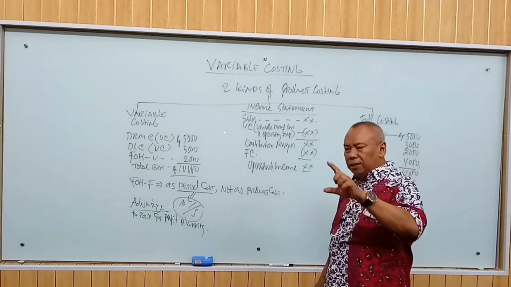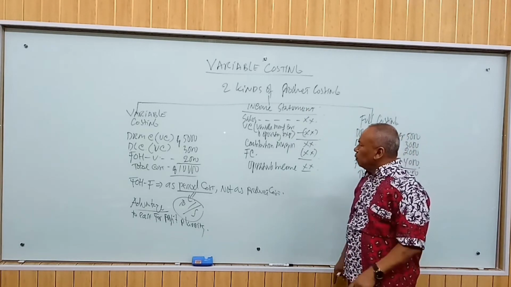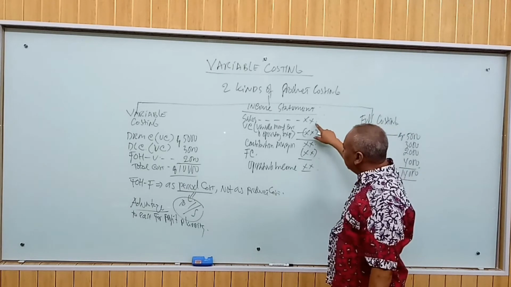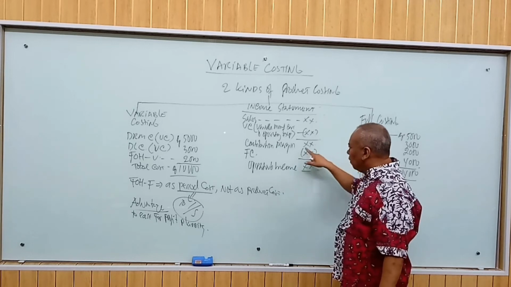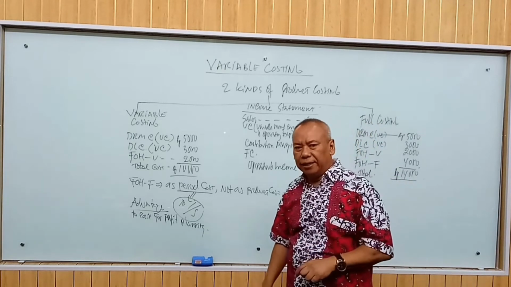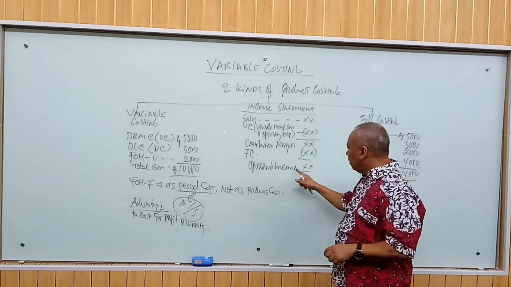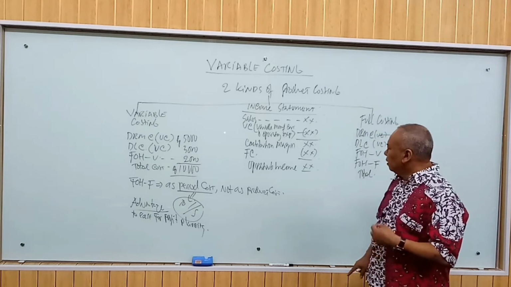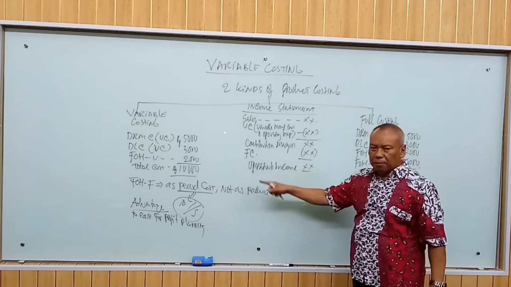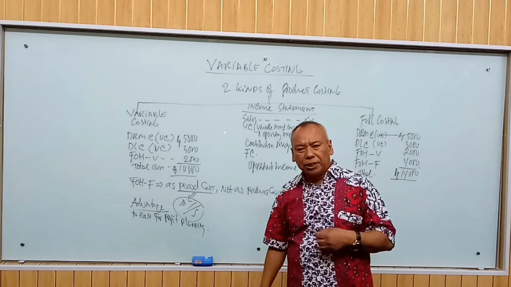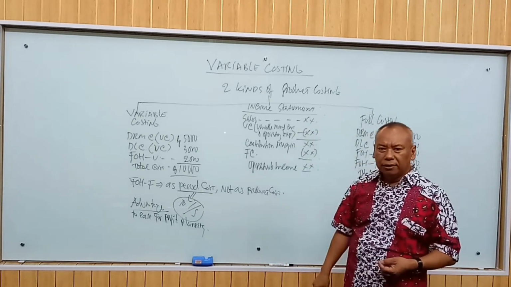So the variable cost changes proportionately with the change of the activity, the sales in this case. So the more sales, the more contribution margin, while the fixed costs remain constant. Because the fixed costs remain constant, the operating income will also increase as sales increase. For example, the fixed cost is depreciation expense of the factory building using the straight line method.